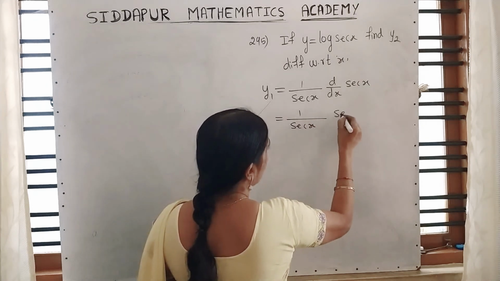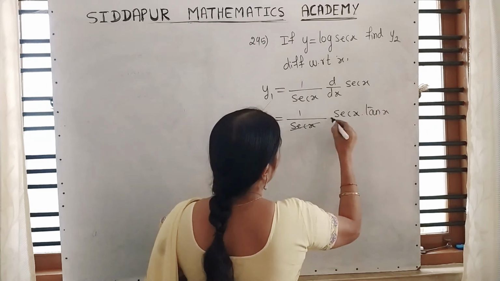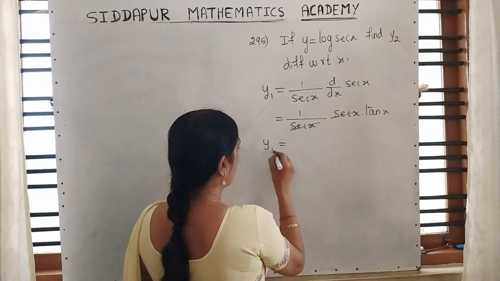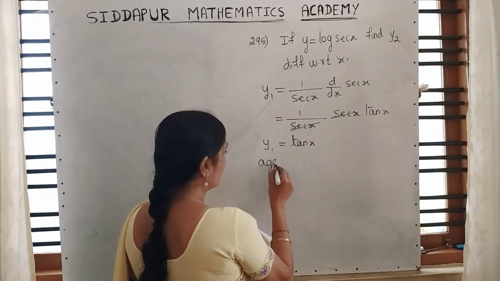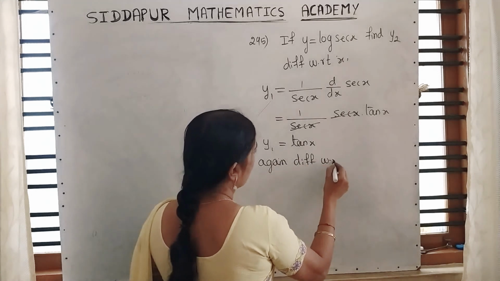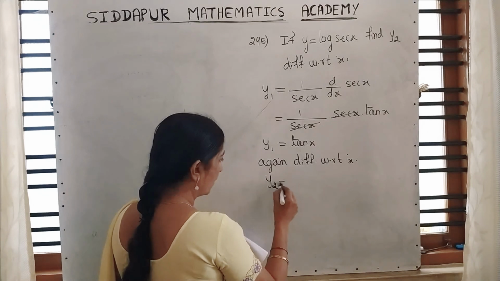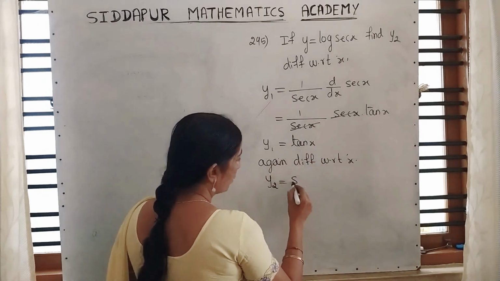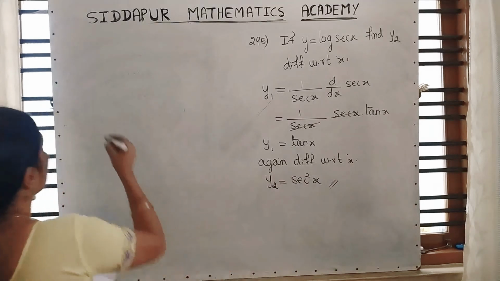Differentiation of sec is sec into tan. This sec gets cancelled. y1, first derivative, is tan x. Again differentiating with respect to x. Differentiation of y1 is y2. Differentiation of tan x is secant square x.